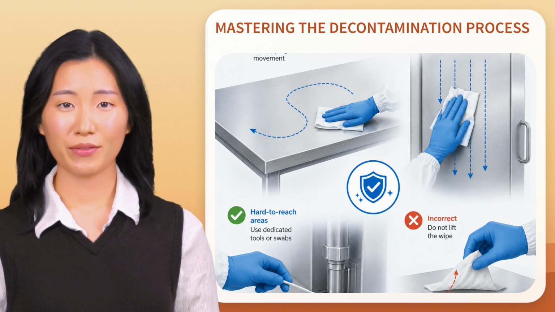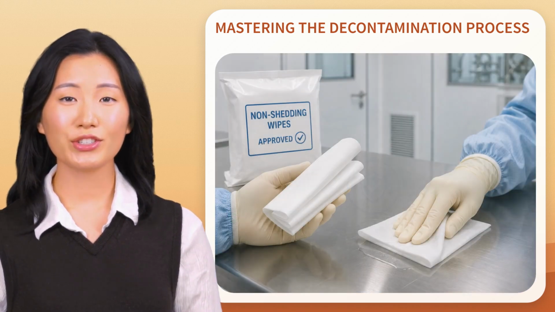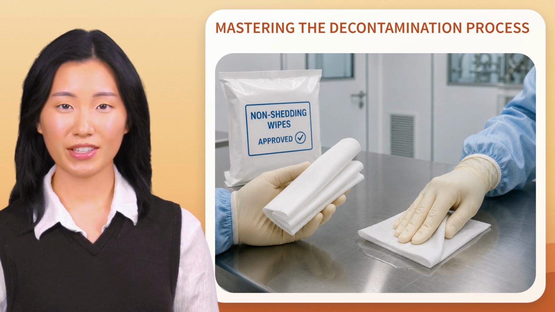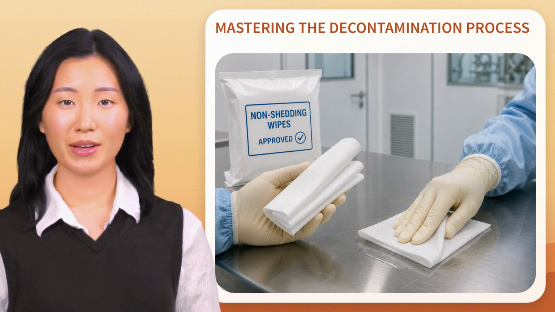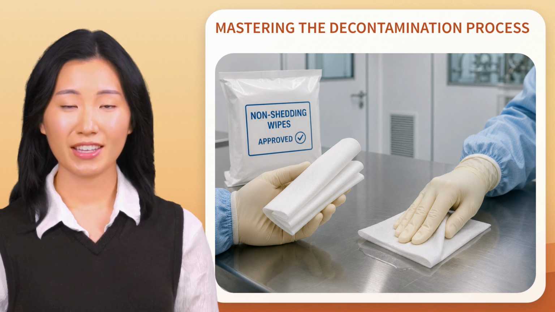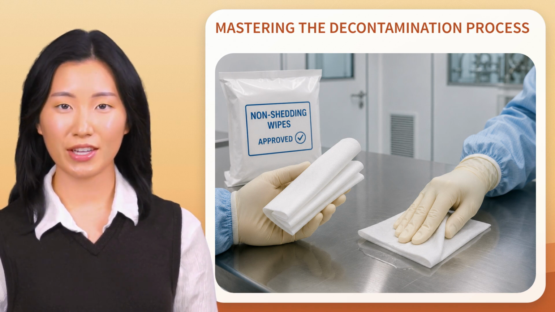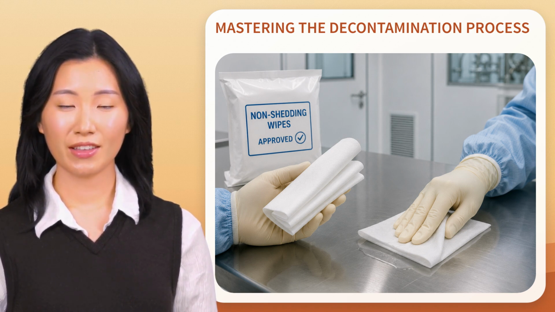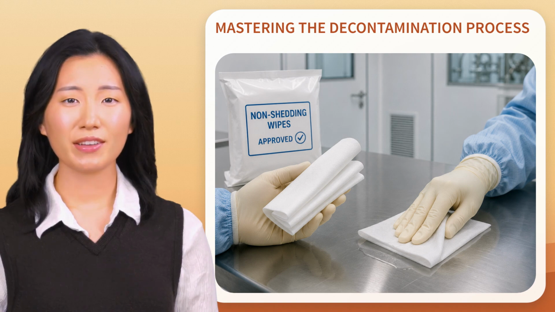Avoid lifting the wipe during cleaning, as this can spread contamination. Using high-quality, pre-approved materials like non-shedding wipes ensures thorough cleaning. Folding wipes for sequential use and avoiding over-wetting are critical for maintaining surface integrity. Always adhere to wet contact time guidelines for disinfectants to work effectively.